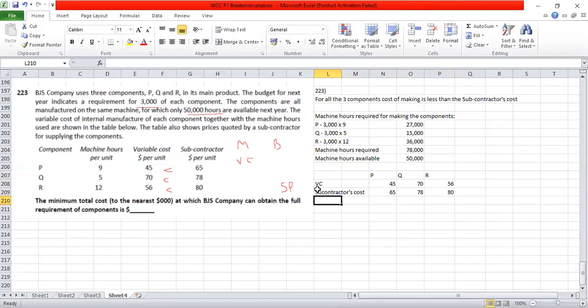If that is the case, what is the additional cost if outsourced?